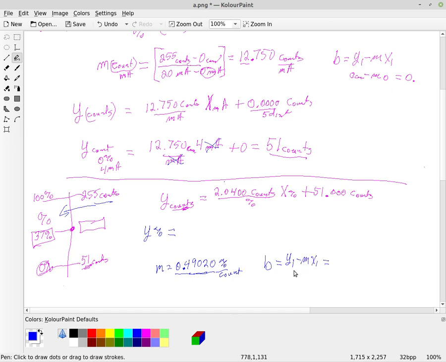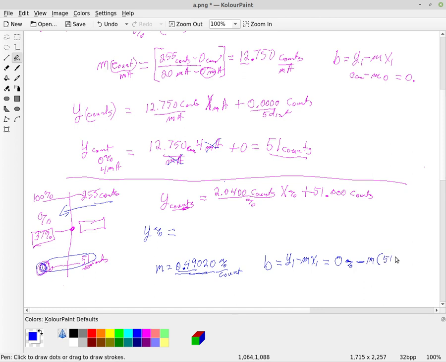In this case, our Y1 is the 0, and of course that was in percent. 0% minus, and then M, which is this value here. I'm not going to rewrite that whole value, but M times the 51 counts.